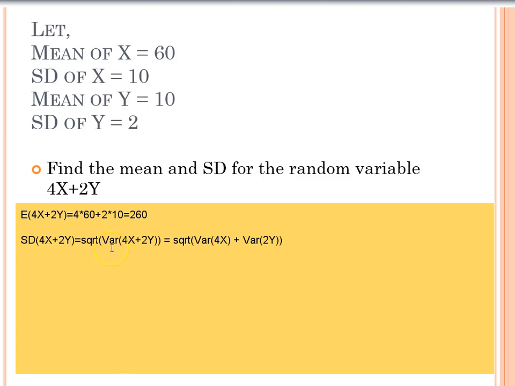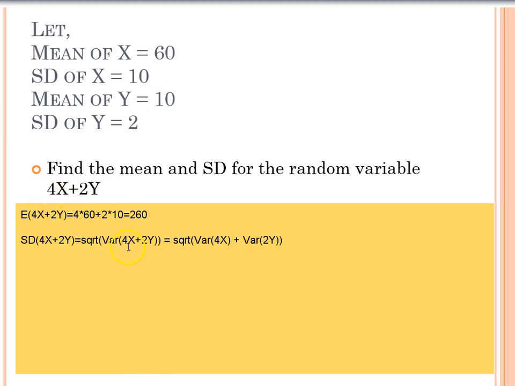Remember that we have to go through the variance operator, and the definition of the standard deviation is just the square root of the variance. So we rewrite this in terms of the variance, and then the next step is to deal with the fact that we have two random variables in our new linear combination.